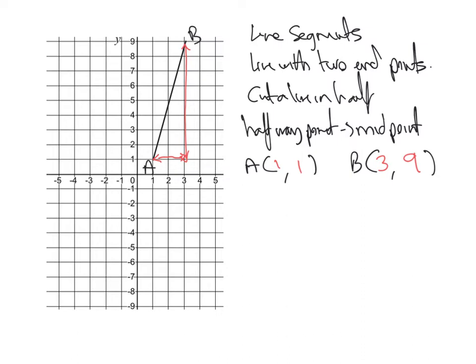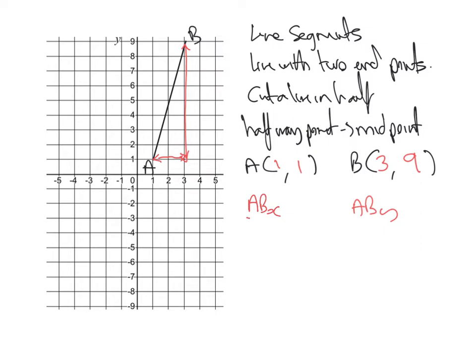So, instead of trying to work out how long AB is mathematically, which we will do later on, but is a bit more tricky, we are going to define AB in terms of its horizontal and its vertical aspects. Or in this respect, we're going to look at AB's x and AB's y.